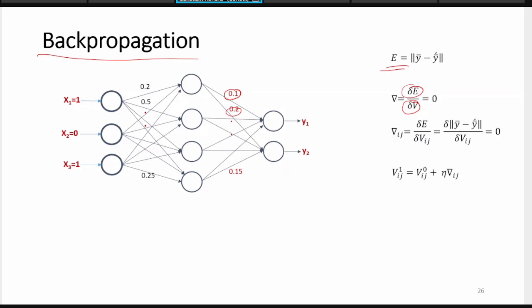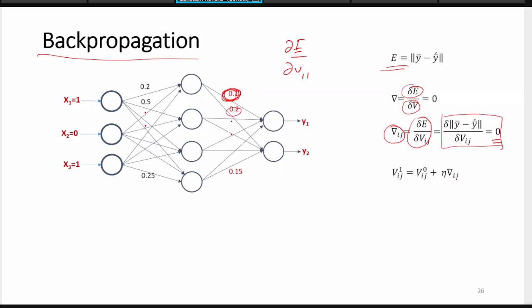So for correcting the first value, suppose I want to correct this one, let us say it is V11, I need the partial derivative of the E function with respect to V11. This is what I am trying to represent here, assign it to 0, and then solve this problem to get the error, or the gradient.